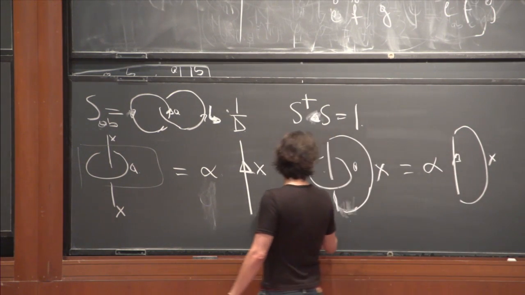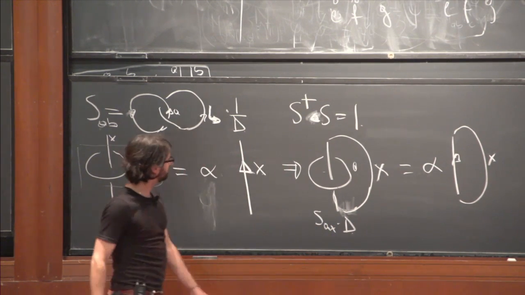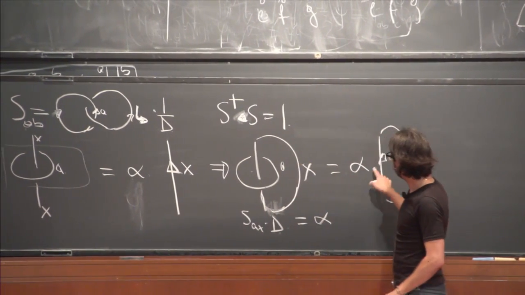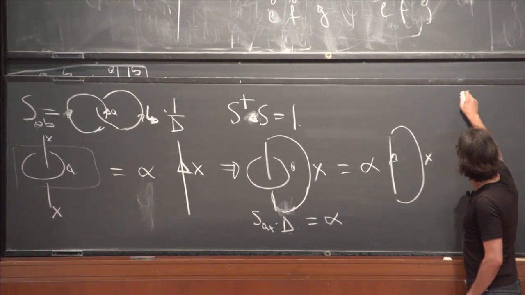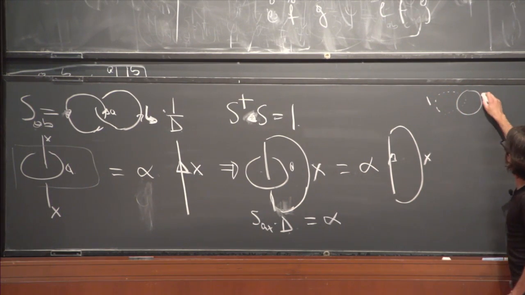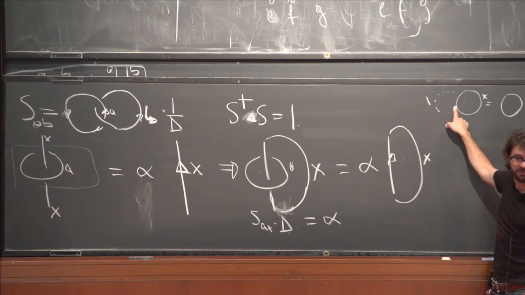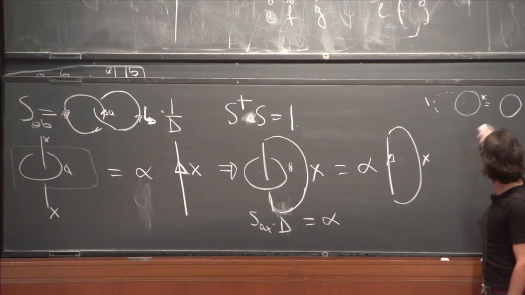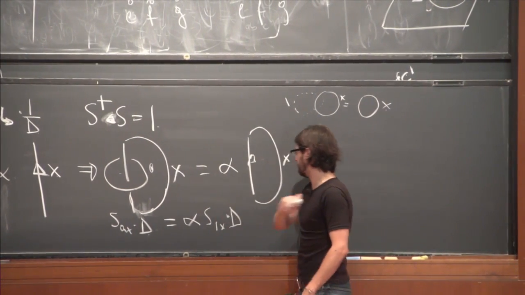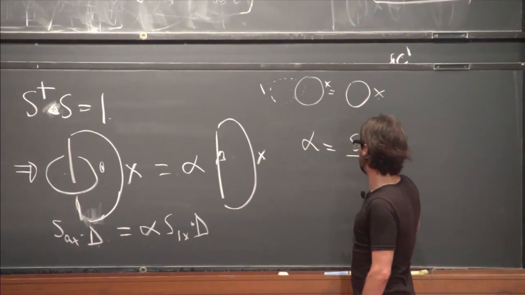But this is S_AX times the quantum dimension, which is equal to times the total quantum dimension D. What is this X? Well, this X I can also interpret as a vacuum and X, this is equal to X, okay? Because the vacuum doesn't braid, doesn't do anything non-trivial. So this is S_1X times the total quantum dimension. So alpha is S_AX over S_1X, okay?